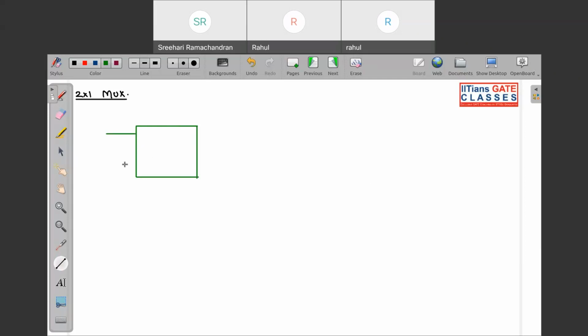So this is your normal 2 cross 1 multiplexer. Now look very carefully. Whenever S0 is equal to 0, I0 will be selected and connected to your Y. If S0 is equal to 1, then I1 will be connected to Y. So how can I write this?